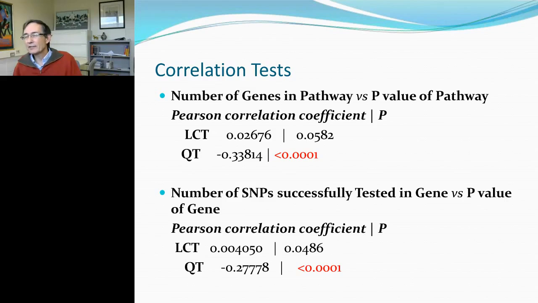This is something that you really don't want to occur in a pathway-based approach, because it raises a concern that you're finding false positive findings among the true positives. We didn't see that in the LCT application.